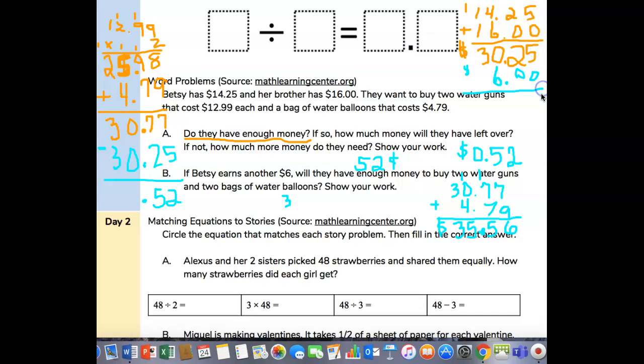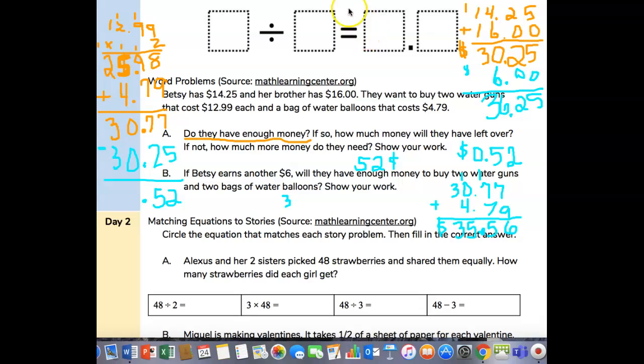So $6. So now bring down your decimal point. They have $36.25. Okay? So if Betsy earns another $6, will they have enough money to buy 2 water guns and 2 bags of water balloons? Show your work.